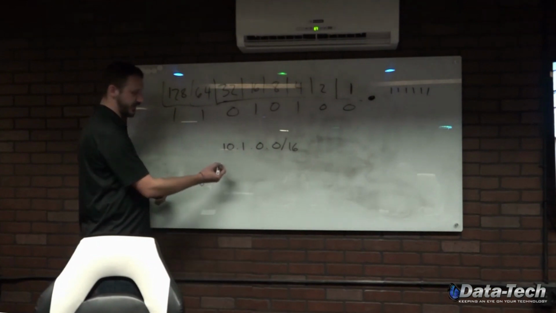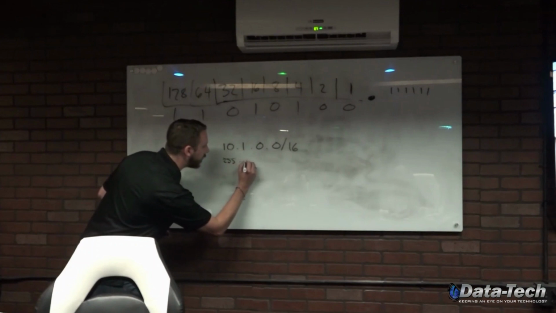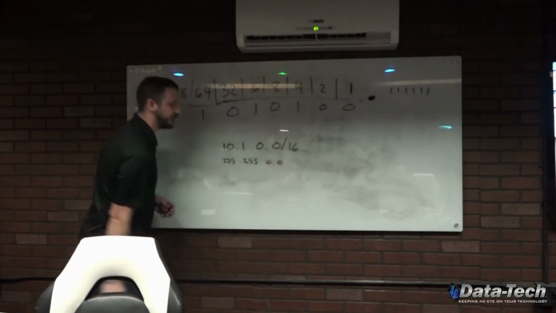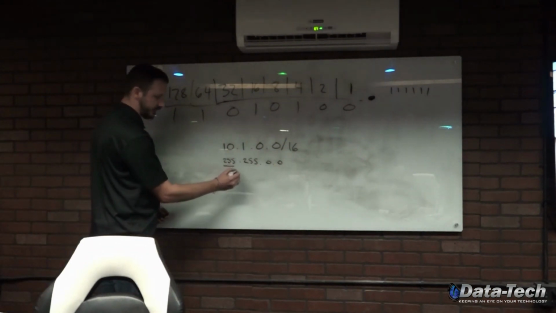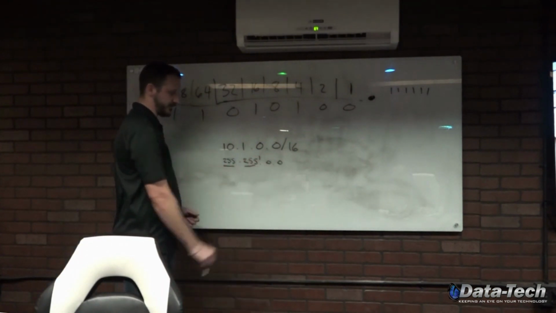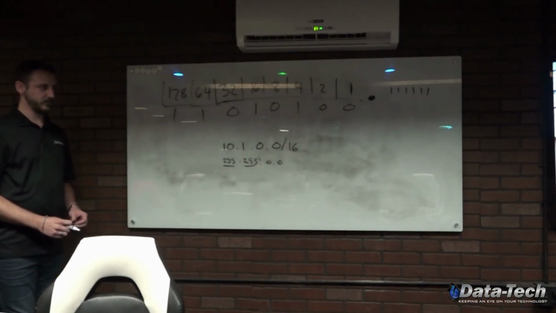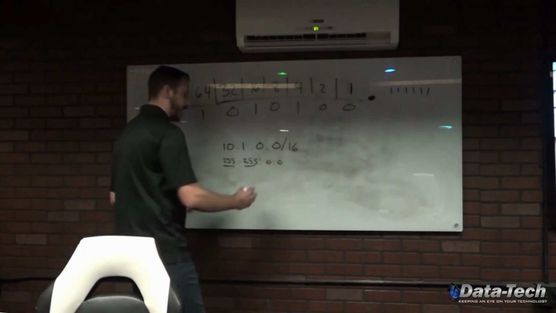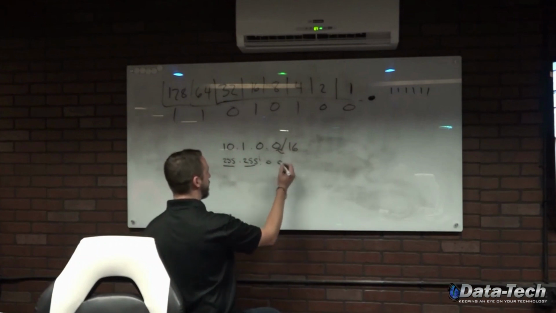If we have a slash 16, that is going to be 255.255.0.0. So for 16, 8 bits here and 8 bits here, and then this is where your network begins. So this is already the network ID.